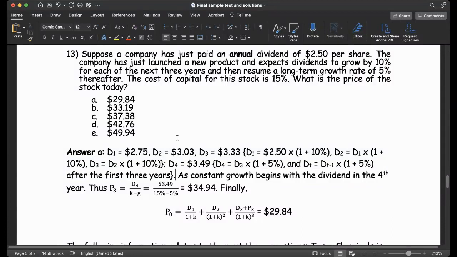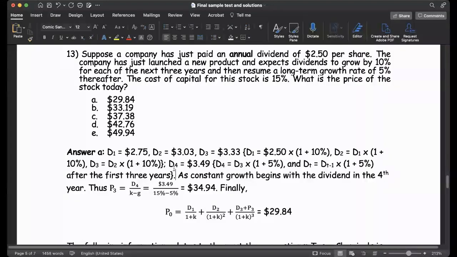D1 is D0, 2.5, multiplied by 1 plus G1, 10%, so it's 2.75. D2 is D1 multiplied by 1 plus G1, 10%, so it is 3.03. D3 is D2 multiplied by 1 plus G1, 10%, so it is 3.33.